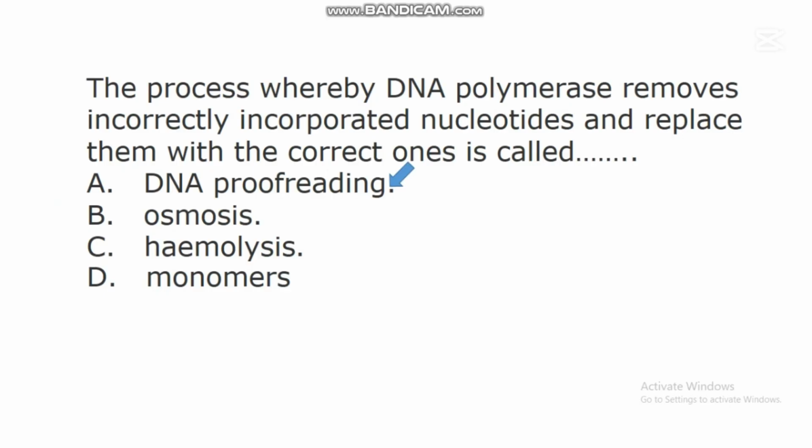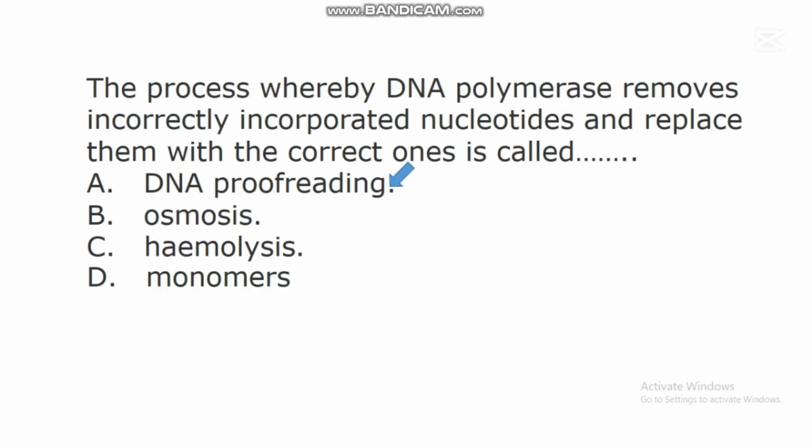Replication is the process whereby DNA makes exact copy of itself. So this enzyme known as DNA polymerase plays a great role in the synthesis of DNA by also removing incorrectly incorporated nucleotides and replacing them with the correct ones.